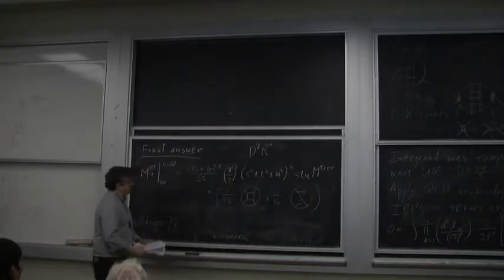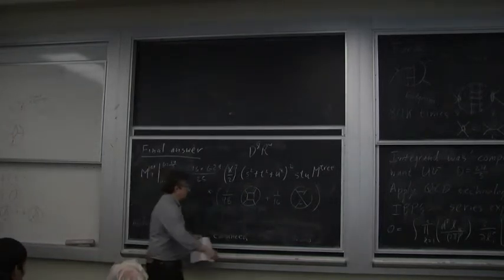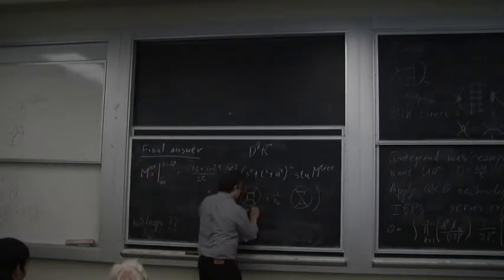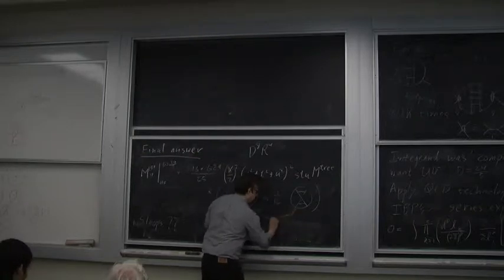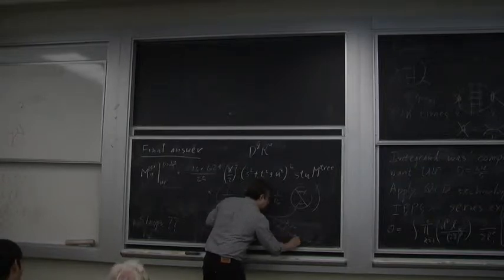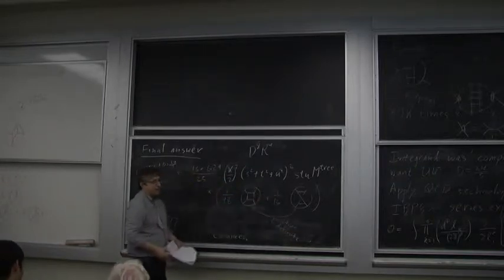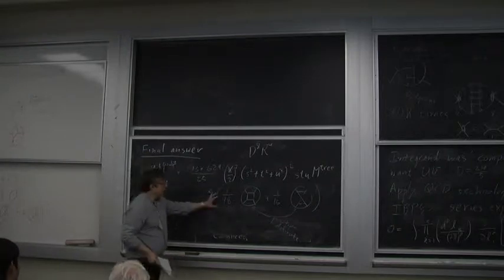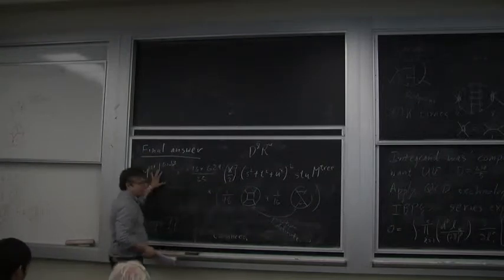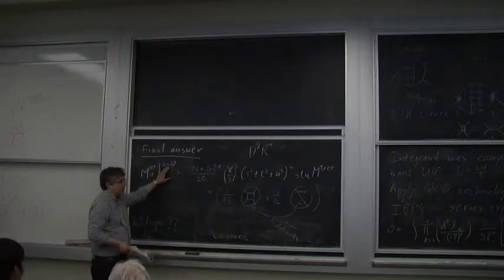Okay, and there's the answer. Now, these integrals, if you inspect them, they're positive definite. There's a relative plus sign. So what that tells you is that, in fact, there is a divergence in d equals 24/5.